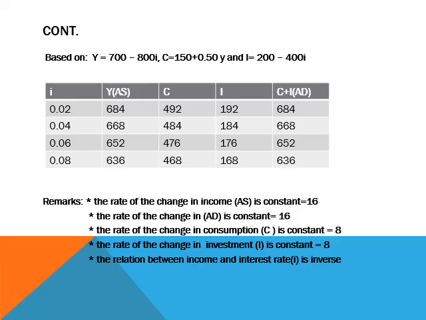Let us substitute this assumption in the IS equation. So Y equals 700 negative 800 multiplied by 2%. The result is 684. So Y equals 684.